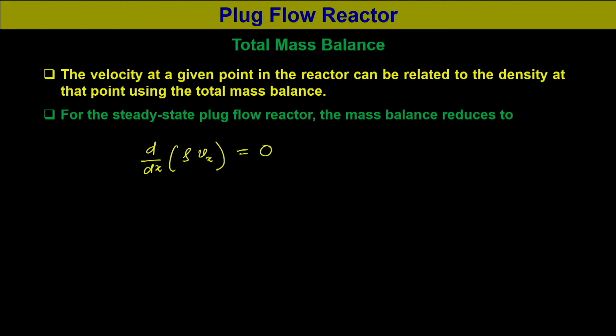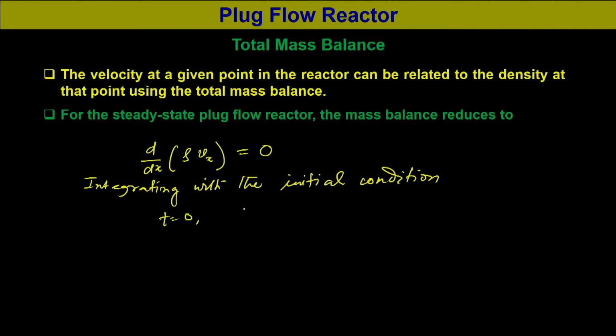That means, if we integrate with the initial conditions, at t equal to 0, Vx is equal to Vx naught and rho is equal to rho naught.